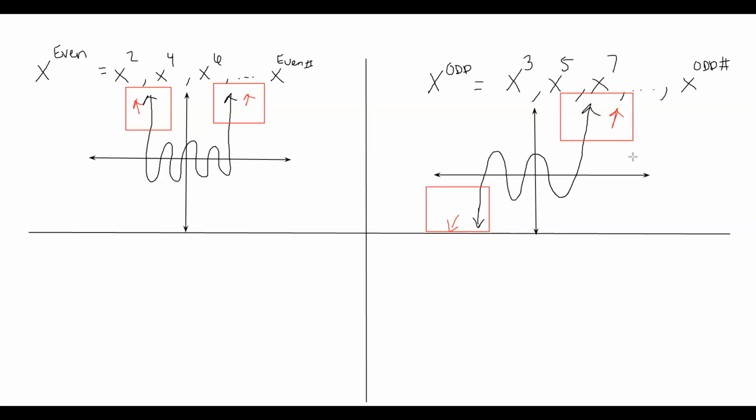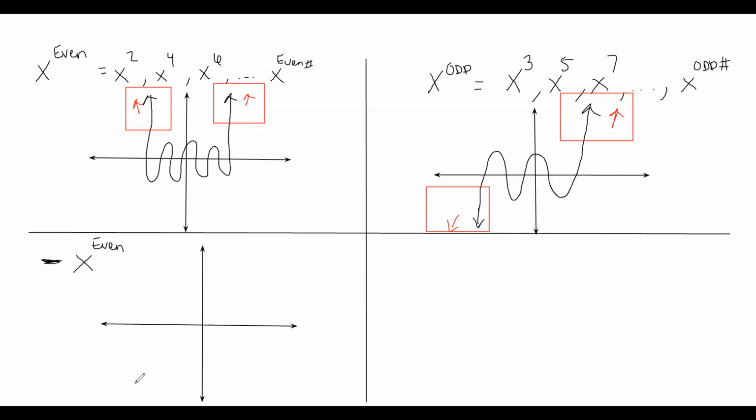Now everybody's copying this down, guys? Yes. Okay. Now, what happens whenever we have a negative coefficient? Let's say I have negative x to the even power. What happens to my end behaviors? For a positive coefficient, they both went up.